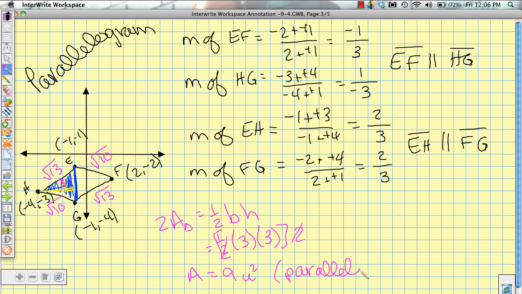So it is possible to use area of a triangle for a parallelogram instead of using base times height. You just have to decide when that would be a good time to do that. So jot in your notes about explaining why we did 2 triangles here versus trying to do the base and height of the parallelogram. When would be a good time to use 2 triangles versus base and height of a parallelogram?